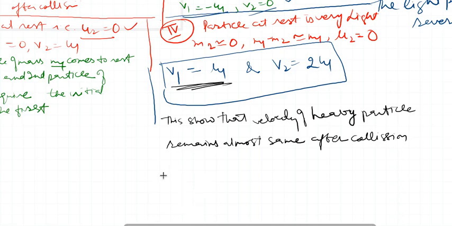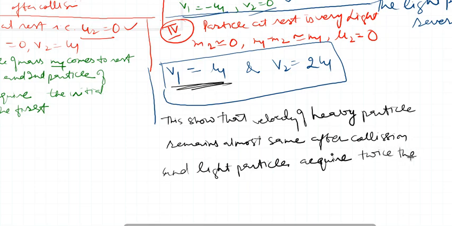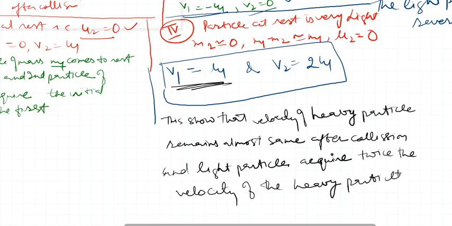And the light particle acquires twice the velocity of the heavy particle. That's what we are looking at using this part.